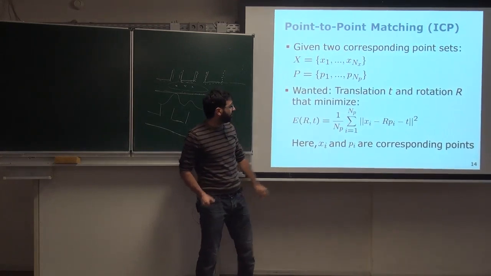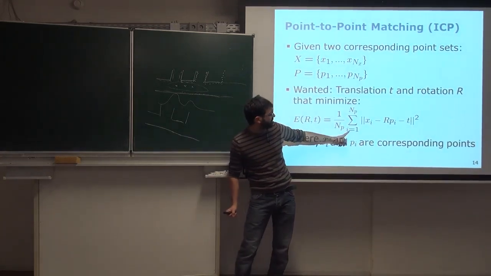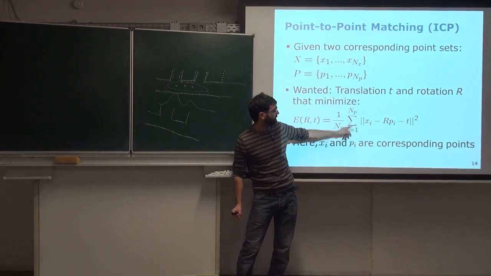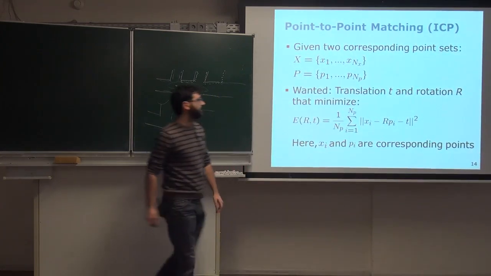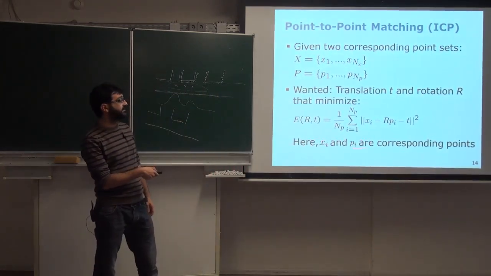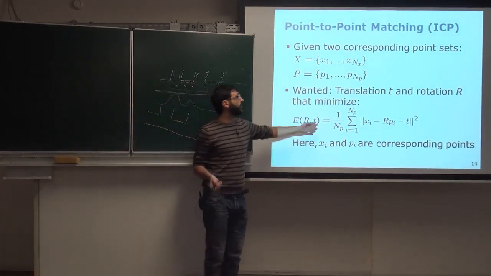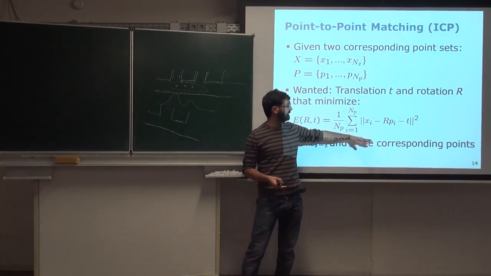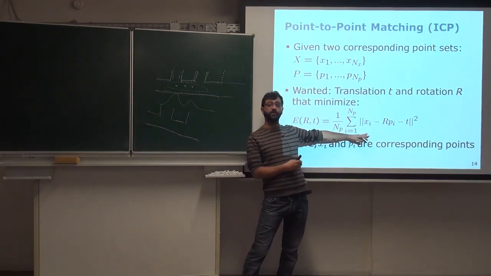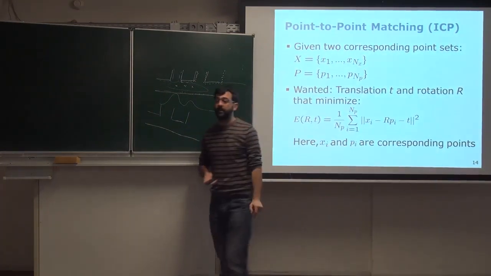And we want to associate for each P the correct one. Here we just assume that Xi and Pi are corresponding points, someone told us, and if we have these correspondences, we can solve this minimization problem in closed form, okay?